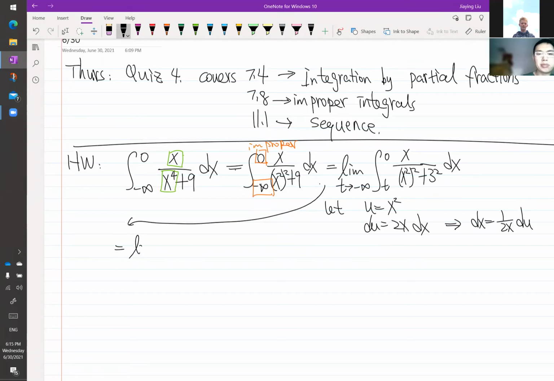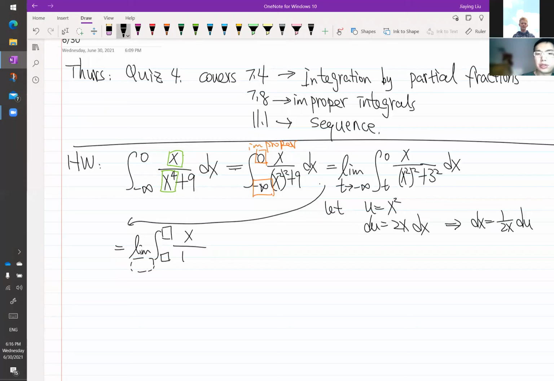That becomes the limit. I hope it's okay if I don't write the limit for t. Remember that there are two values, one is t, the other one is 0, but I'm not writing them now because they don't really get involved yet. I'm just being a little bit lazy here.